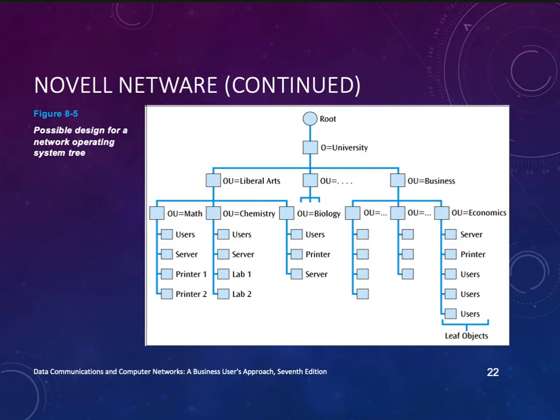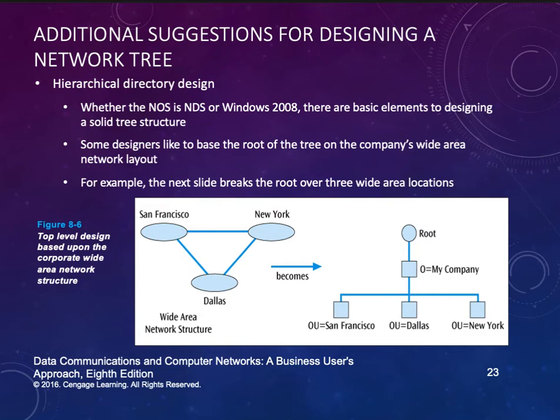Here we have the design tree. For example, we have the root from the top to university and the different faculties and the different subjects and the different users and servers. Some suggestion, for example, here we have a hierarchy design for Novell or Windows.